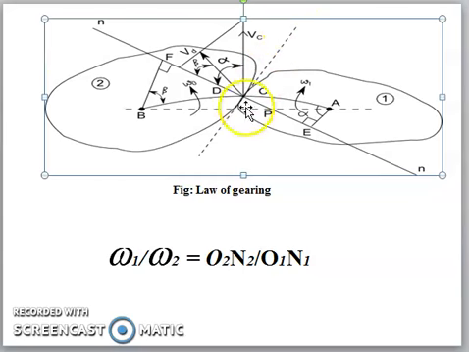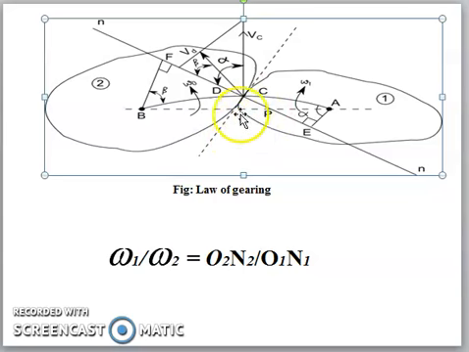The common normal at the point of contact of two meshing teeth must pass through a fixed point on the line joining the centers of rotation.